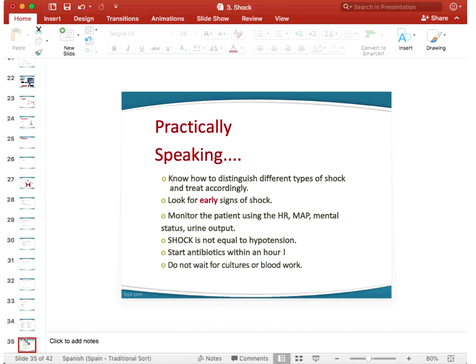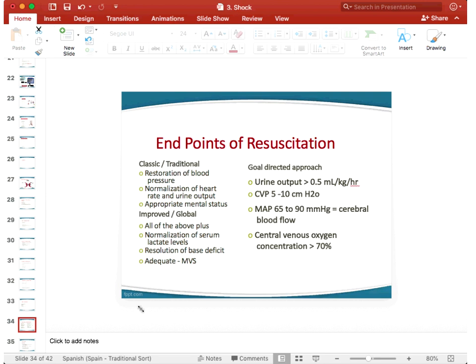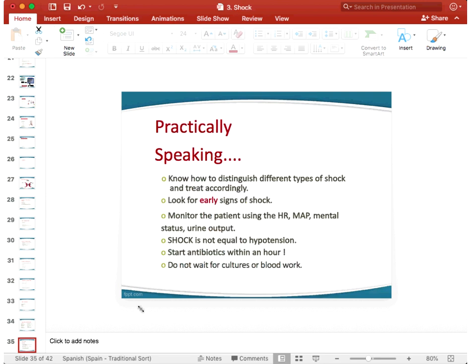You make your physical exploration, then you have your half diagnosis there. If you see him with shock signs, then monitor your patient properly and follow the above rules, which is see how much he's urinating, check his mean arterial blood pressure, watch out for lactic acidosis, and start treating the cause. Basically, that's that.